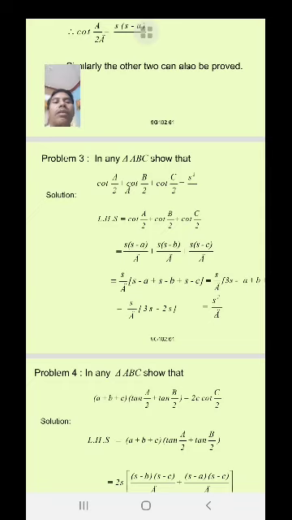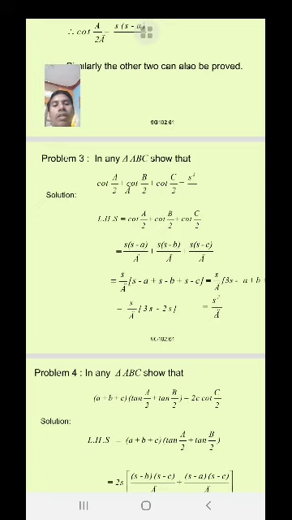Here to show that, take LHS, that is cot A by 2 plus cot B by 2 plus cot C by 2. And cot A by 2 we can express as s into s minus a by delta. Already we know the formula. And cot B by 2 we can write s into s minus b by delta. And cot C by 2 we can write s into s minus c by delta. And in the three terms we observe s by delta is common.